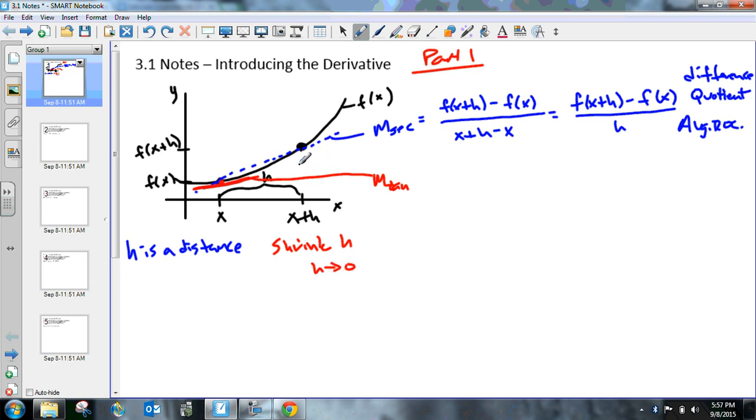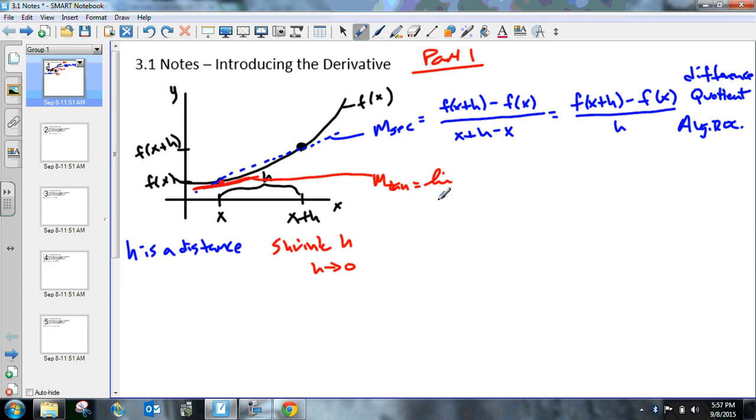So wait a minute. Have we already talked for 2.5 weeks about values approaching other values? Have we been talking for a while about as x approaches 1 or h approaches 0 or something approaches a number? And the answer is yes, we have. And what we've been doing is we've been using a limit.